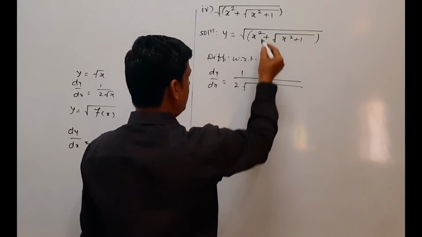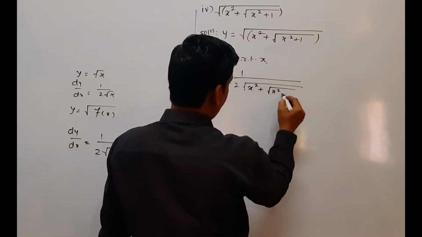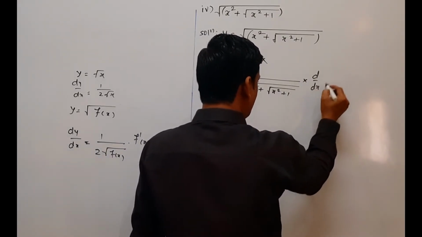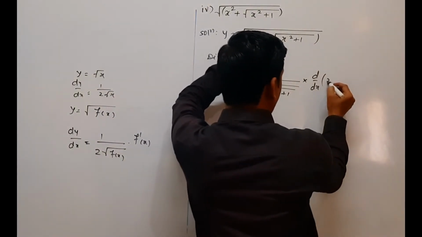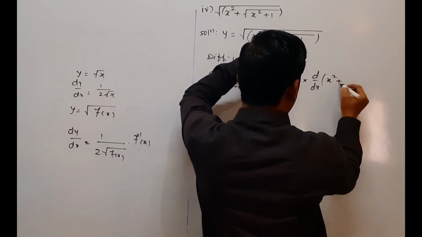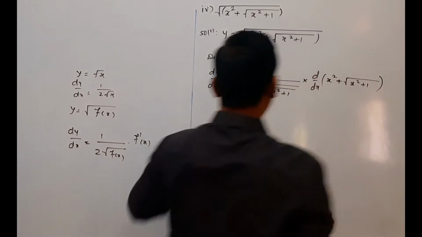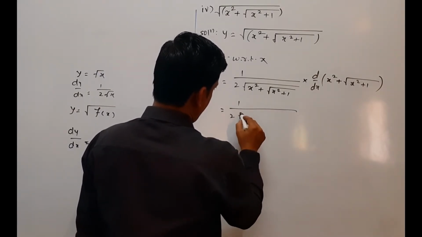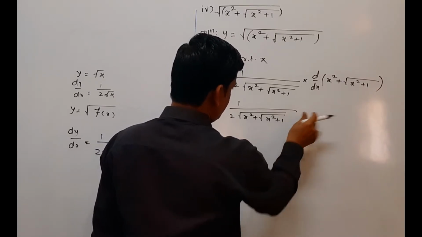So keep the terms in the bracket as they are, x square plus root x square plus 1 into d by dx of this term in this root. So we write d by dx of x square plus square root of x square plus 1.